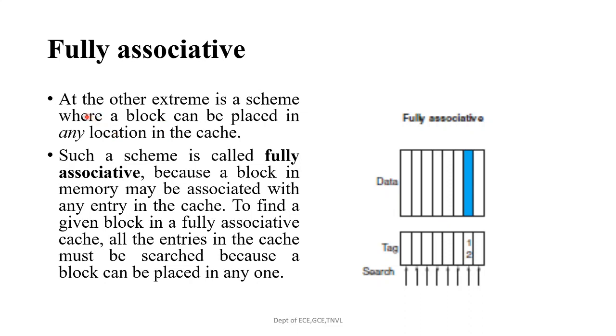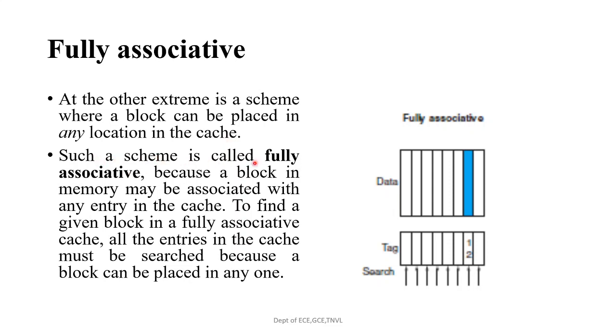At the other extreme is a scheme where a block can be placed in any location in the cache. In the previous direct mapping, according to the index derived from the memory address, we just map to the cache. But in fully associative, we can place a block anywhere in the cache.